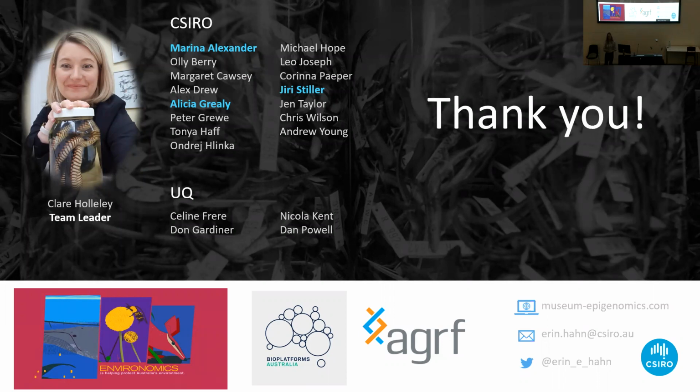And our bioinformatician, Yuri Stiller, who without him, we would never have gotten through terabytes of data in order to pull these signals out. And of course, our partners up at UQ. This work was funded by the Epigenomics Future Science Platform, which funded the work as well as my postdoc. We got sequencing funds from Bioplatform Australia, and AGRF has been really, really helpful in getting us to find those right library preps and right sequencing depth for our samples.